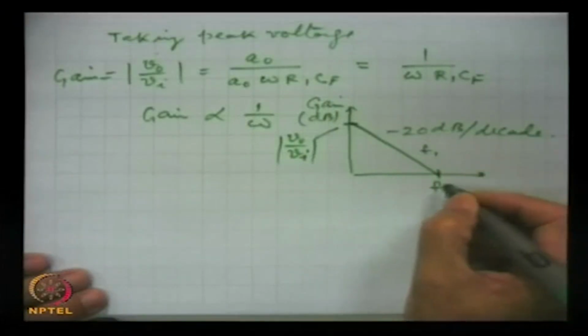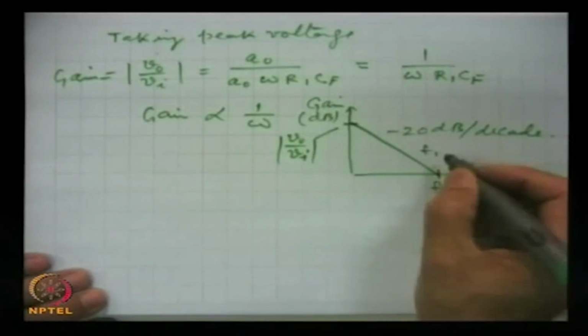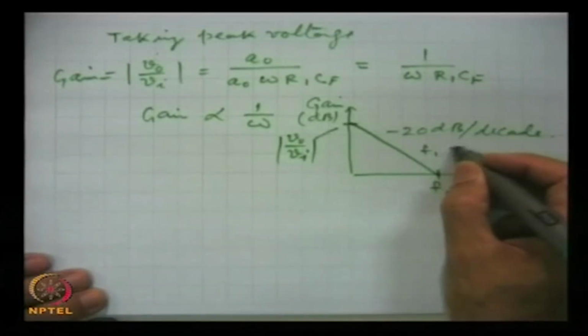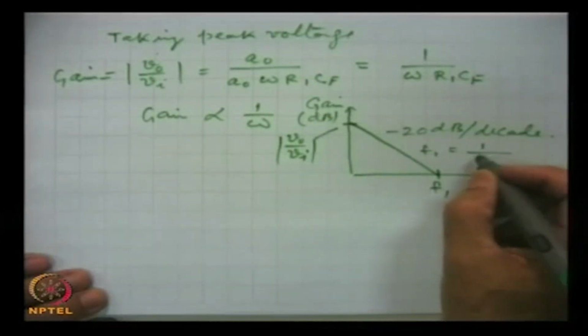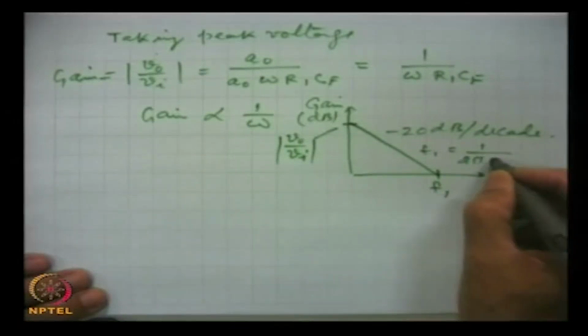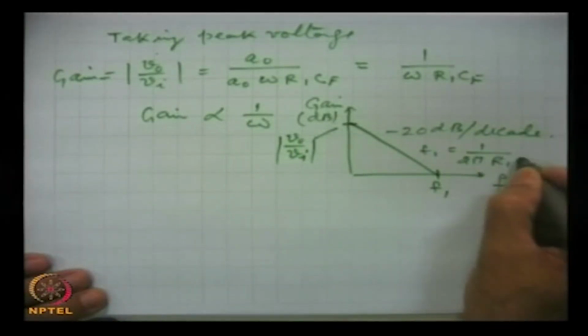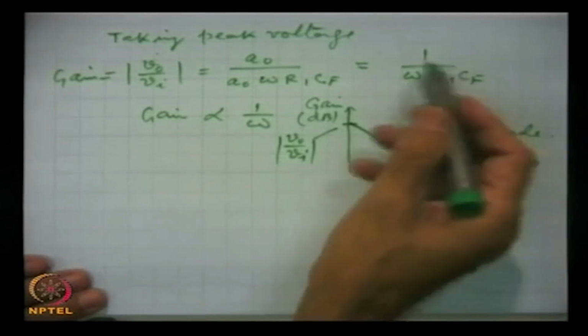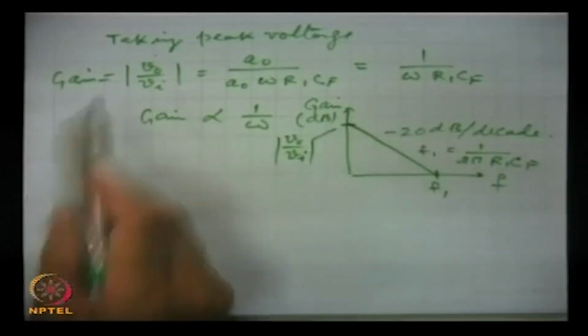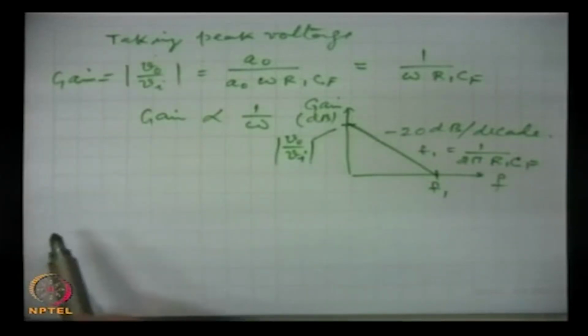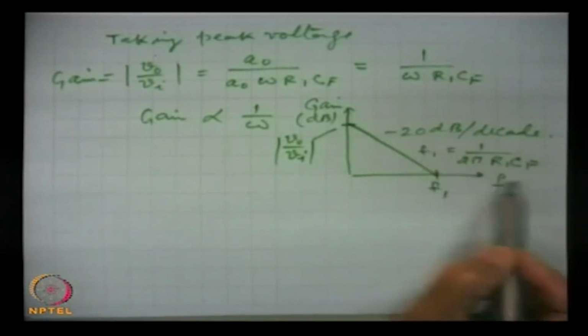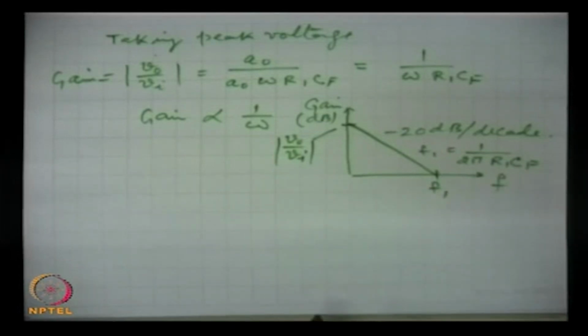And here this frequency f1 is given by 1 by 2 pi R1 Cf. This we can get from here actually. This is gain, and the frequency at which gain falls to 0 is given by this. And so this is the frequency response of the basic integrator circuit.